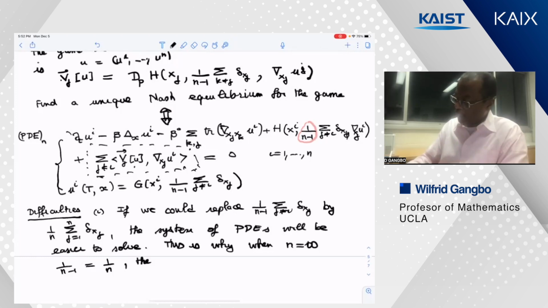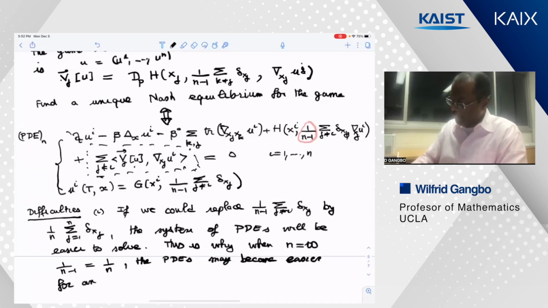The PDE may become easier for an infinite number of players.